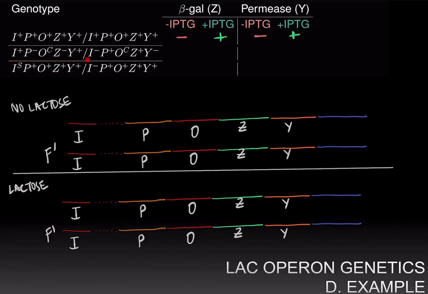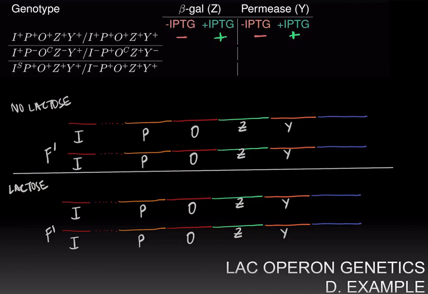diploid with I minus P plus OC Z plus and Y minus. Now we have a heterozygote between I plus and I minus, and that means there is wild type repressor available in the cell, and I plus is dominant over I minus, and it acts in trans.